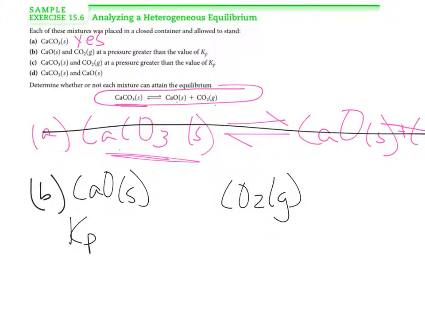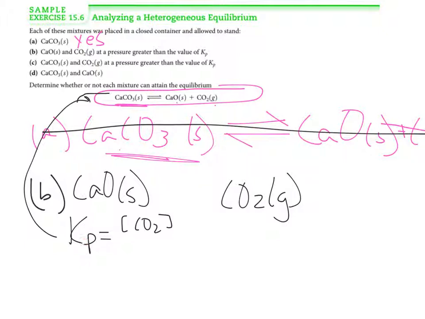So let's think about what Kp means for this reaction. For this reaction, Kp is just the pressure of CO2. That's pretty much it, because you don't write the solids in the equilibrium constant expression.